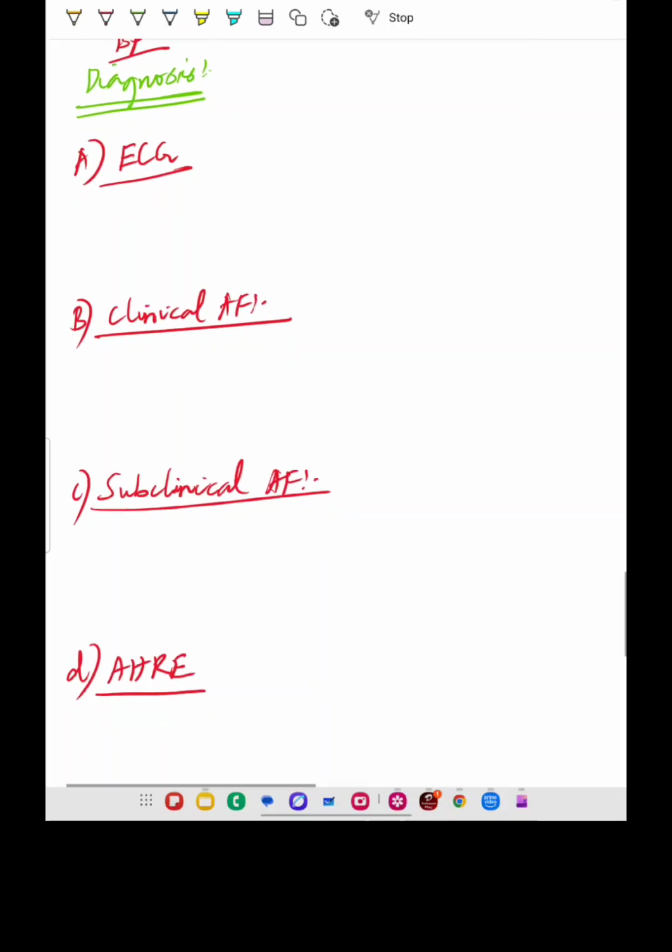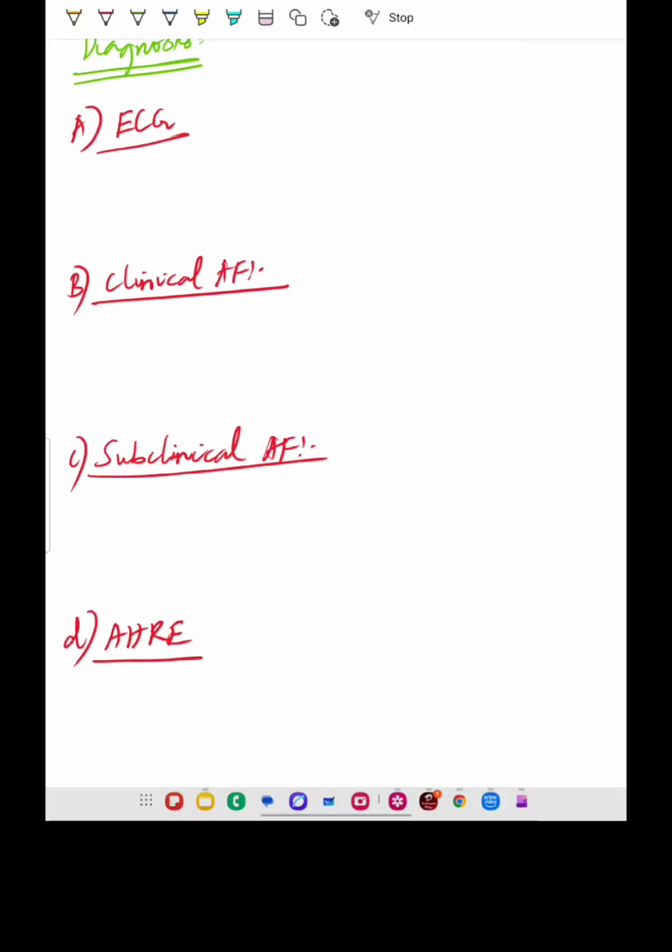So how will you diagnose atrial fibrillation via ECG? In a patient with atrial fibrillation, if you take an ECG, what will you notice?